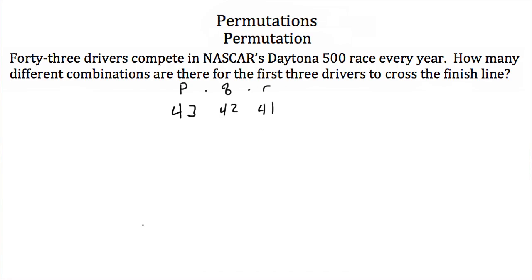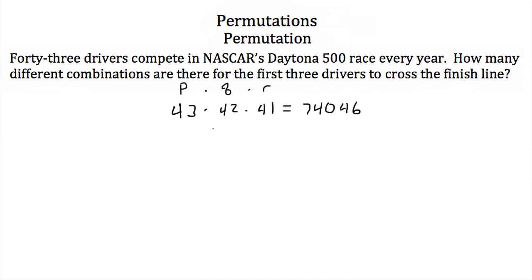Now, if we multiply all these together, that means there are 74,046 different ways that the 43 drivers can finish first, second, and third, providing that every driver had an equal chance to finish first, second, or third.